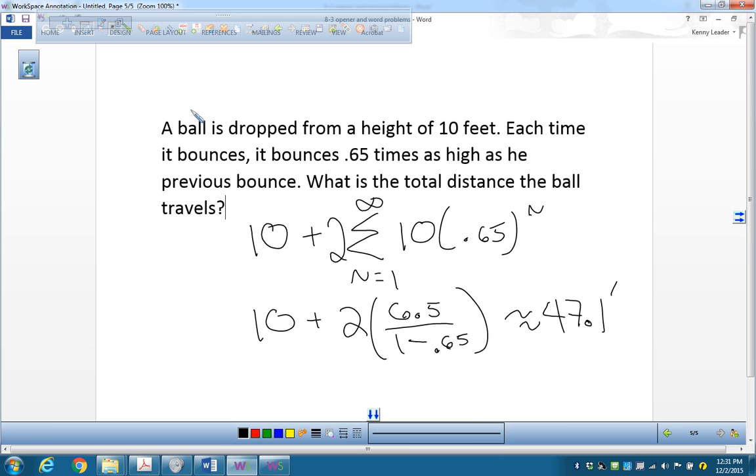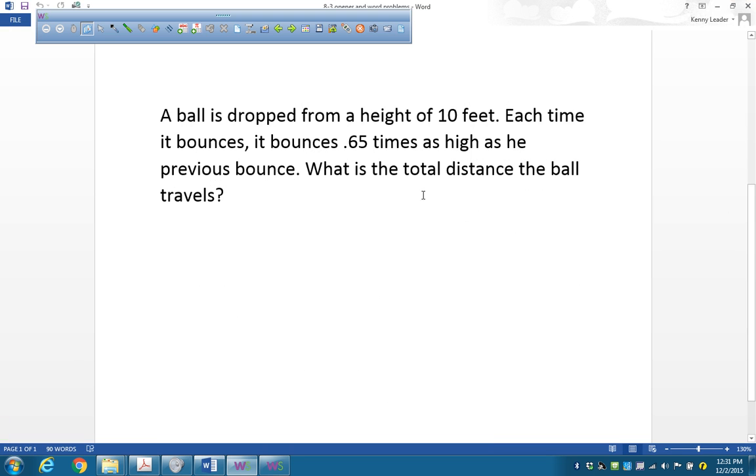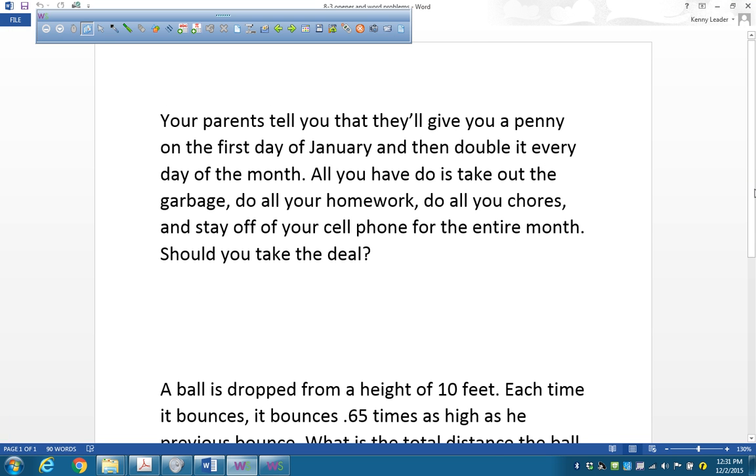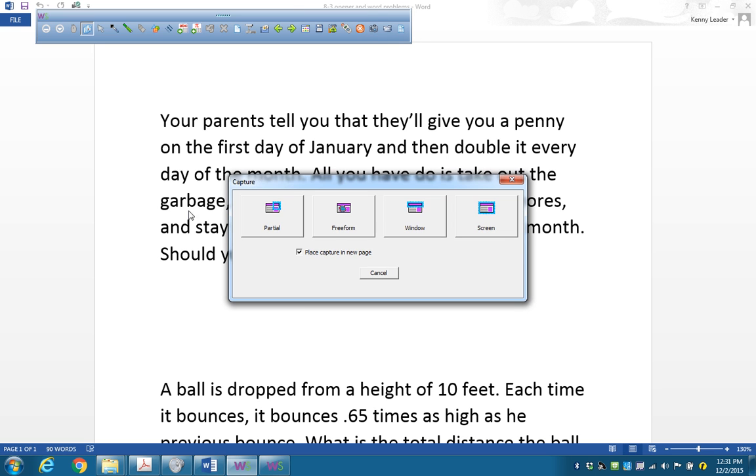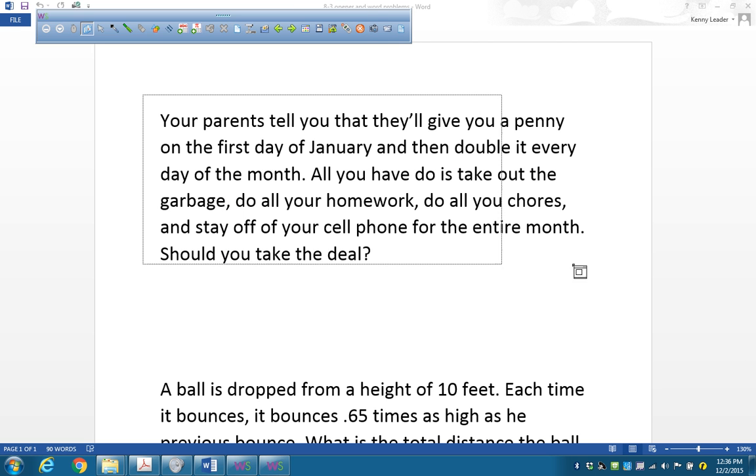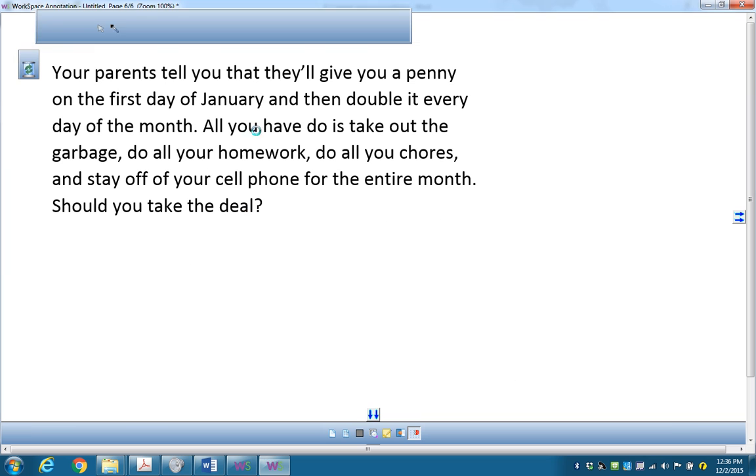All right, last problem that I want to talk about is the problem that we started with, which was this one, okay? Your parents tell you that this is just the sum of a geometric series, right? It's not converging. It goes on forever and ever.